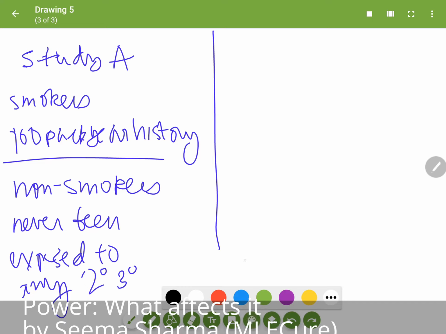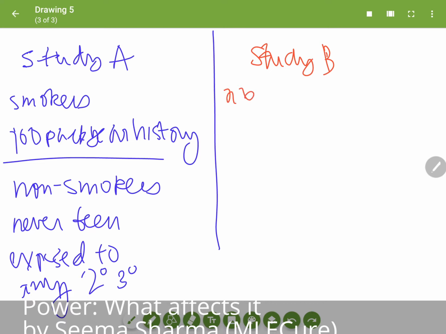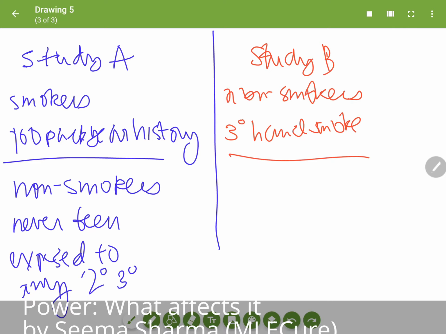Our study B is non-smokers who have been exposed to third-hand smoke, and our other group is, again, non-smokers, but they've never been exposed to any second or third-hand smoke.